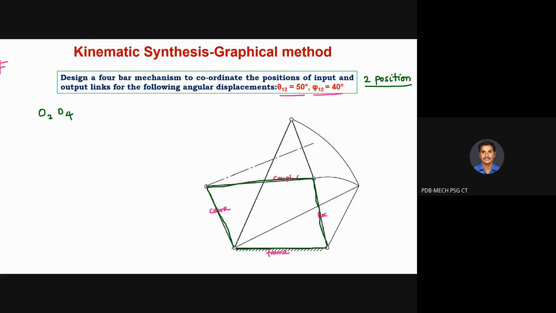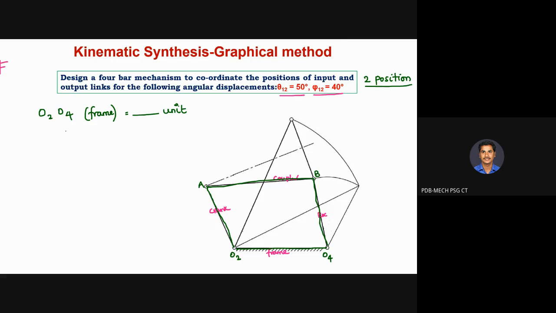Frame length. Yes, the frame consisting of O2 O4. It is going to be assumed in some units. You can assume any units, for example 50 mm or 100 mm or 200 mm. Initially we need to assume the frame length.